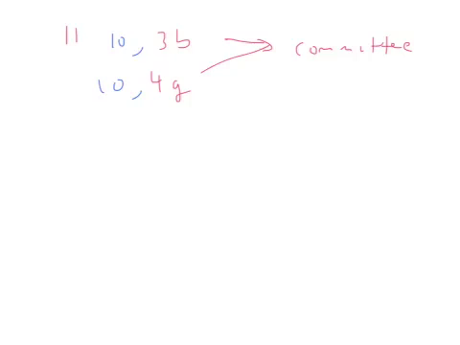But if we were going to do this, we're choosing 3 boys from 10 of them, and the order doesn't matter. So that's one of our events. And then the second event is choosing from 10 girls, choosing 4 girls.